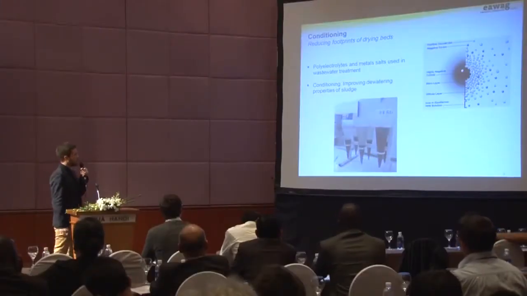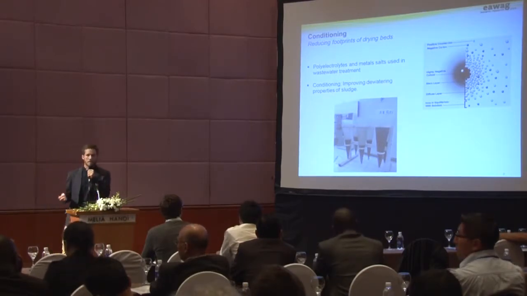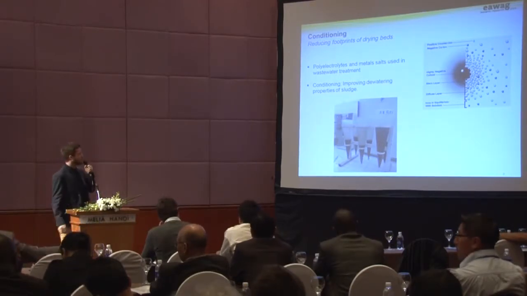So that's what you see here on the right, this column, which is untreated, unconditioned fecal sludge, and then when you condition it with, for example, these polyelectrolytes or metal salts, they build larger flocs, which affect settling and also dewatering.